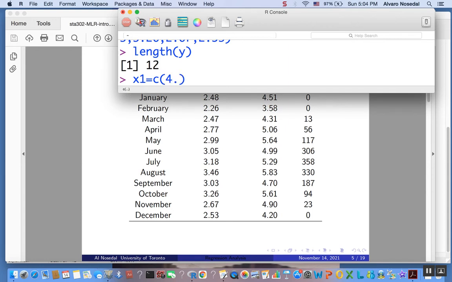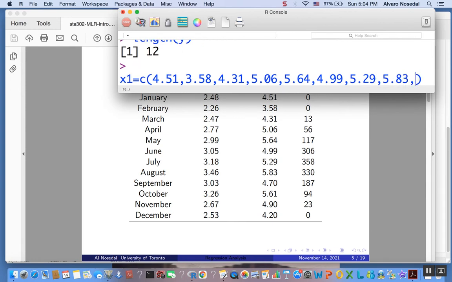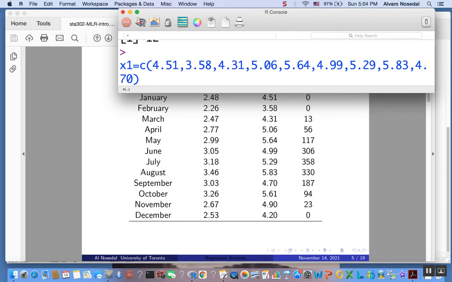So we have 4.51, 3.58, 4.31, 5.06, 5.64, 4.99, 5.29, 5.83, 4.70, 5.61, 4.90, 4.20.